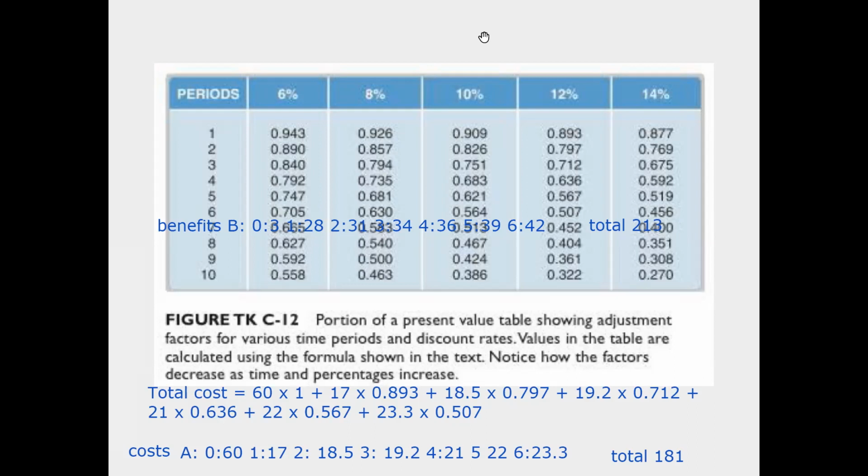let's see what we have for the benefits. So we can say total benefits. And then we have 3, then we have 20 into 0.893.